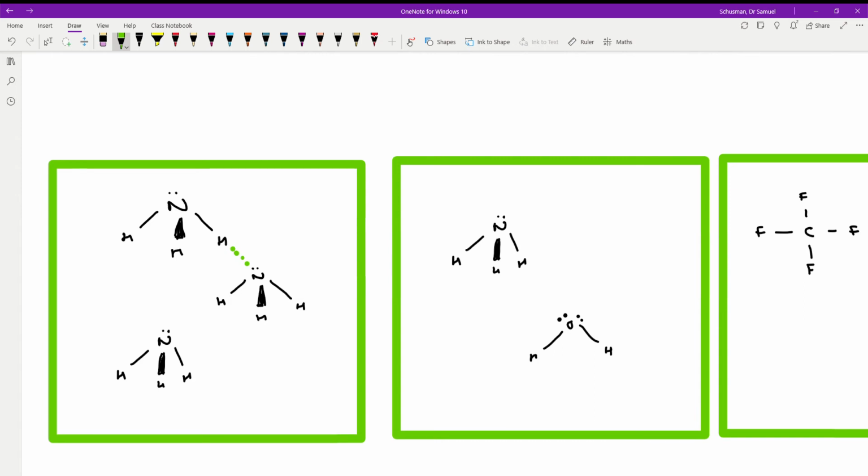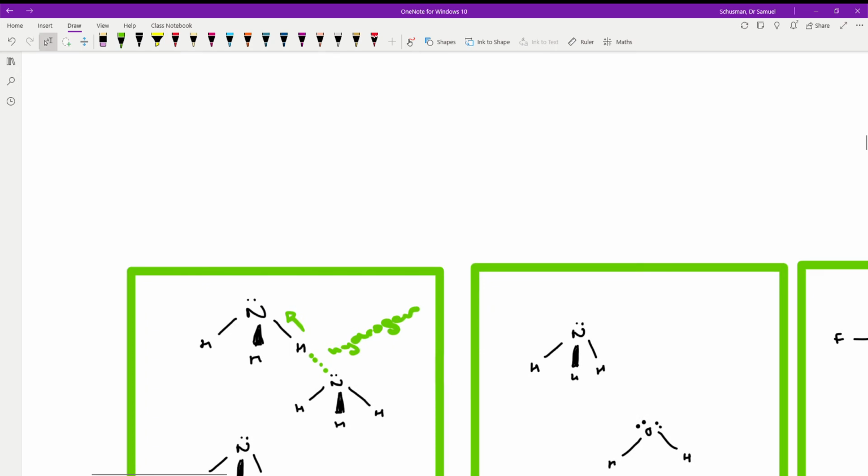So this is what ammonia looks like in terms of its shape, but again you've got hydrogen which is getting a little bit delocalized, so its electrons are heading towards that nitrogen, because nitrogen's really good at dragging electrons away from a bond, and a nitrogen has one lone pair, so you can get a hydrogen bond forming between two ammonias. Equally, you can get a hydrogen bond forming between ammonia and water.